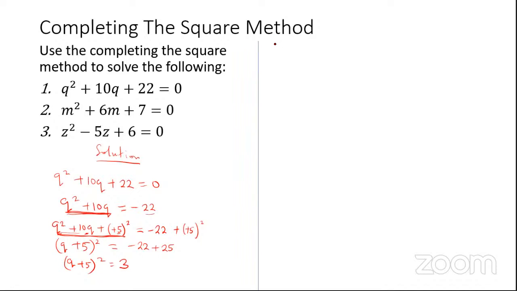When you square root both sides, you have q plus 5 equals plus or minus square root of 6. Then you take this one to the other side. We have q equals minus 5 plus or minus root 6.